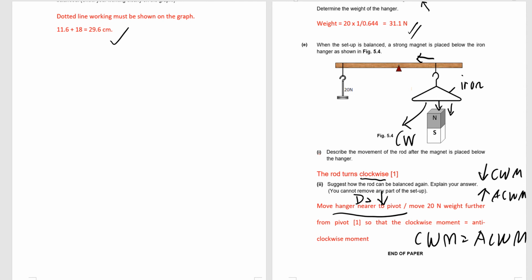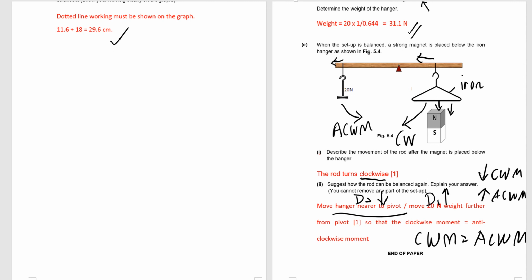So your anti-clockwise moment will be smaller. Alternatively, you can keep this side the same, and make this anti-clockwise moment bigger, right? Because now that your clockwise moment is bigger, you can balance by making the anti-clockwise moment bigger by moving your 20 Newton further away. So this is to increase your D1. So that's also possible. All right.